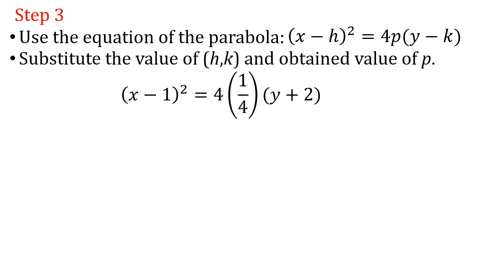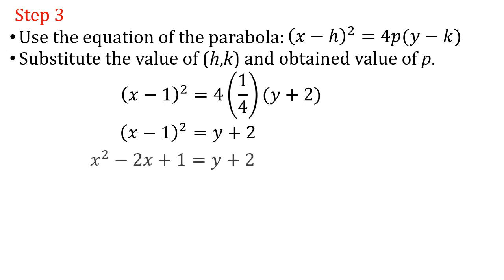So x minus 1 squared equals 4 times 1/4 times y plus 2. As you can see, p was changed to 1/4. Then just continue your solution. X minus 1 squared equals y plus 2, because 4 times 1/4 is 1 times y plus 2, it's y plus 2.